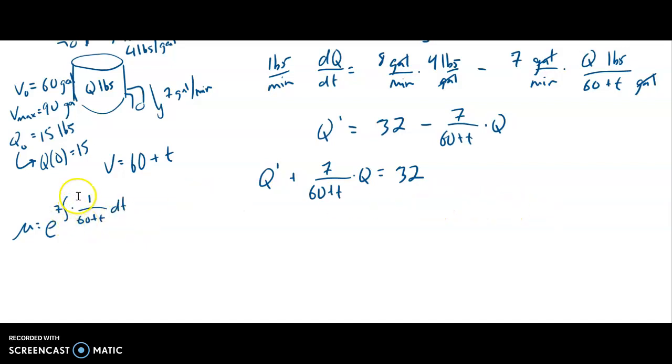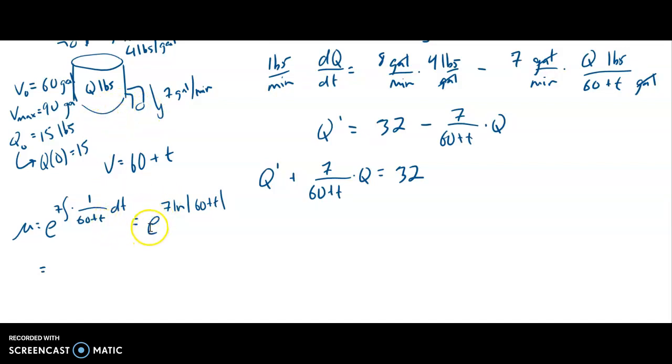This is a quick ln integration, which is what they often are. It works nice when they're ln's, because then I can do some e to the work. But what do we get? We get e to the 7 ln, absolute value of 60 plus t. Now, I don't do my plus c here, and there's reasons for that I'm not going to get into.